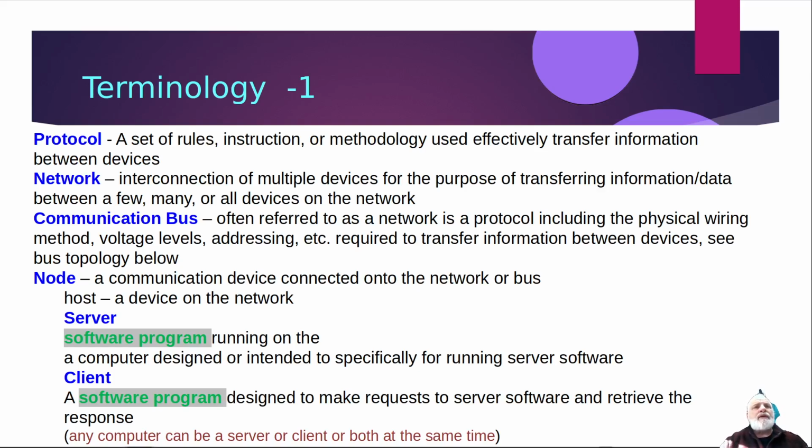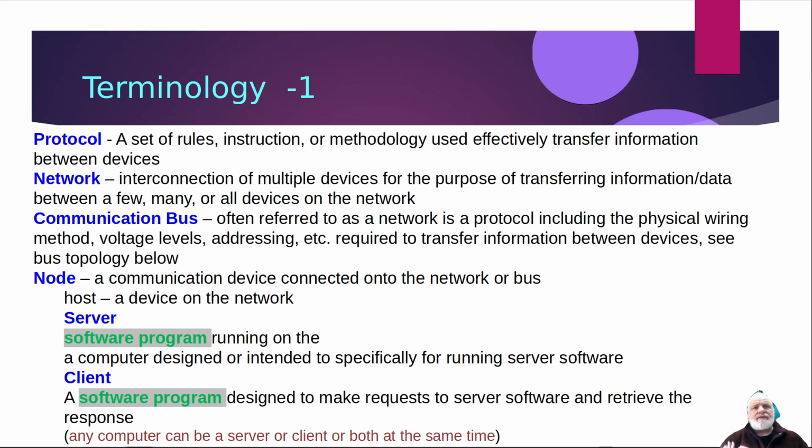A node, we're going to use the term node to reference some sort of device. That device could be our controller, it could be our PC, it could be a sensor, a smart sensor or actuator, something like that. Any device on the network that we want to communicate to.